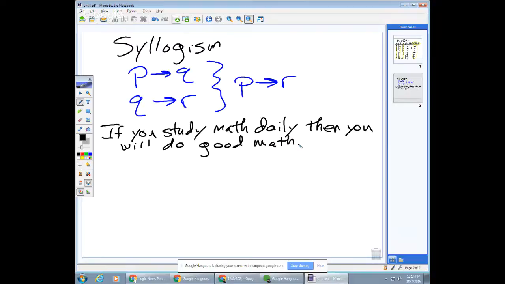So P is you study math daily. Q is you will do good math. So those are my statements thrown together with an if and a then.